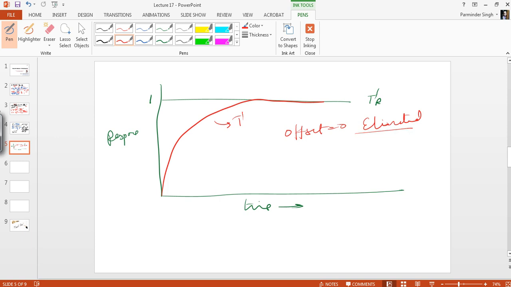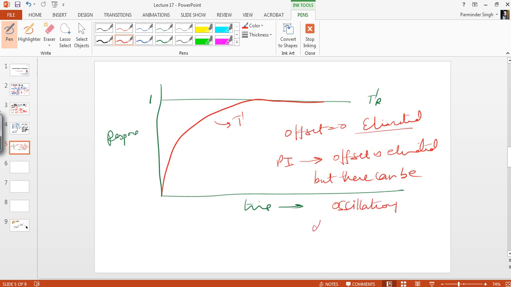Clear? So whenever we use proportional integral, remember this, offset is eliminated, but there can be oscillations depending upon zeta. Now where is zeta over here?